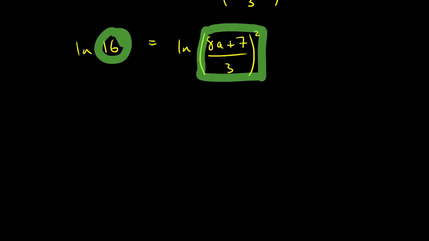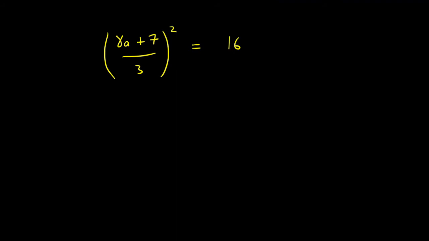So we can just skip straight ahead and say that 8a plus 7 upon 3 all squared is equal to 16. And if we square root both sides, we'll get 8a plus 7 over 3 is equal to plus or minus 4.